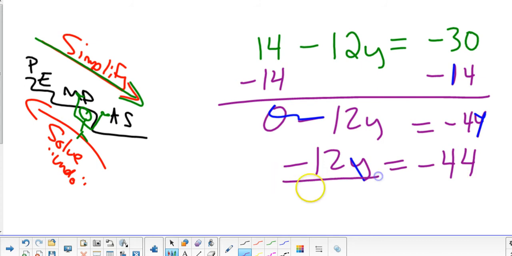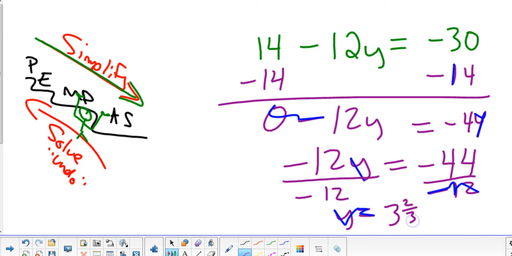And so divide by negative 12 to both sides. Y equals, yikes. This will turn into 3 and so again, negative divided by negative is going to be positive, and then 12 into 44, it goes 3 times with 8/12, so it's going to be 3 8/12, which turns into 3 2/3.